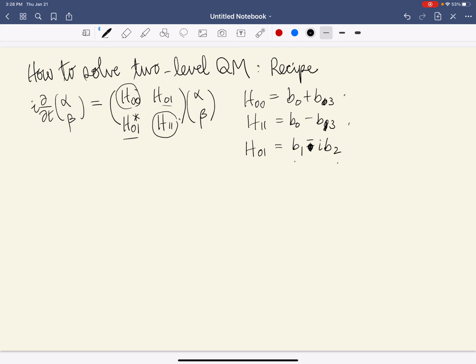Okay, so in that case, this Hamiltonian matrix becomes the following. You can convince yourself that this is indeed what comes out.